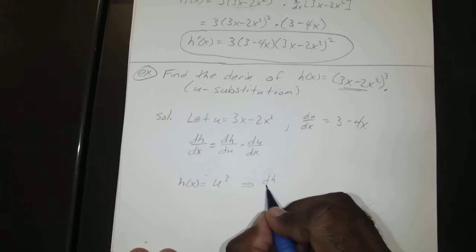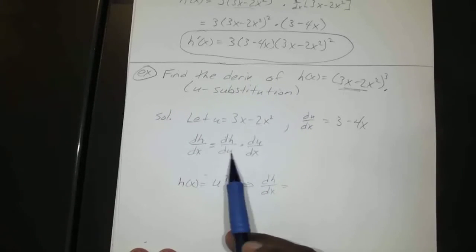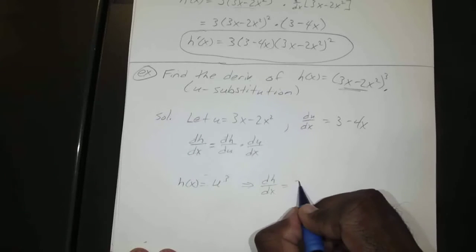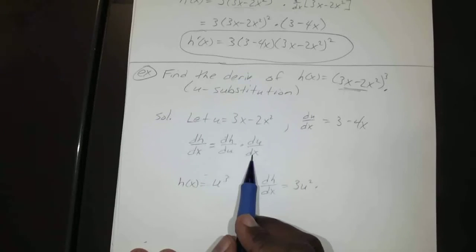So the derivative of h with respect to x, or h prime of x, is going to equal the derivative of h with respect to u. That's just going to be 3u squared, just applying the chain rule there, times the derivative of u with respect to x.